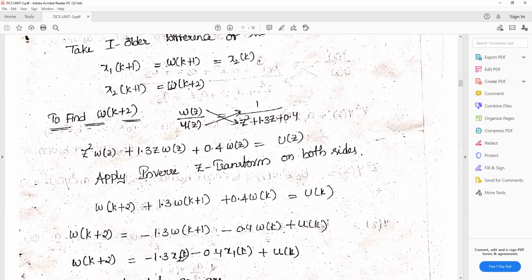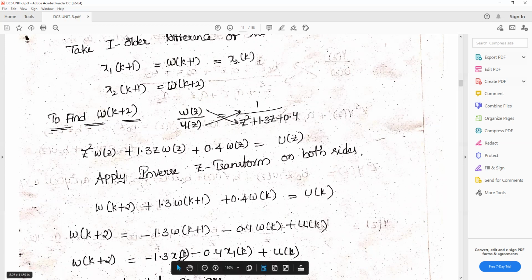Apply the inverse z transform on both sides. Z square is omega of k plus 2, z is omega of k plus 1, and omega of z is omega of k, equal to u of k.